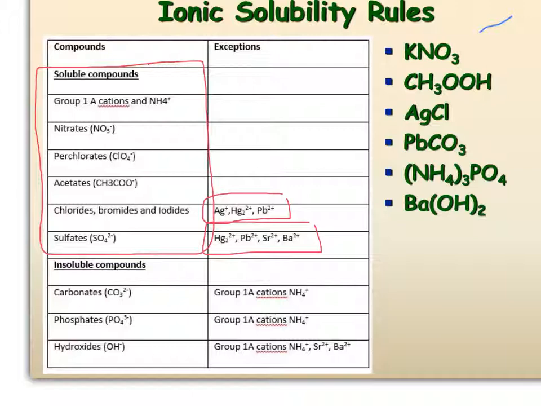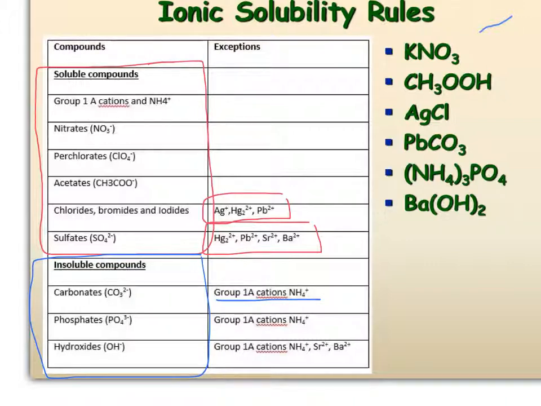Or barium sulfate. Now, the second half of this list, the insoluble compounds, the rules change. These will always form a precipitate, or cannot dissolve in water. So carbonates always form solids unless it's attached to something from group 1 or ammonium.